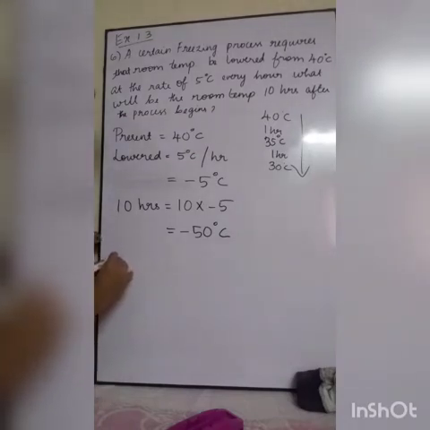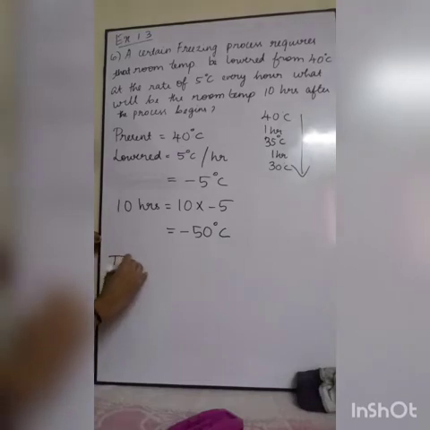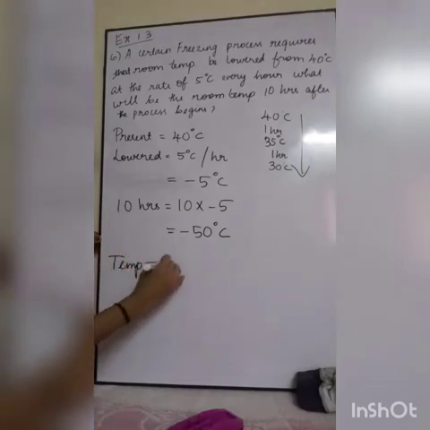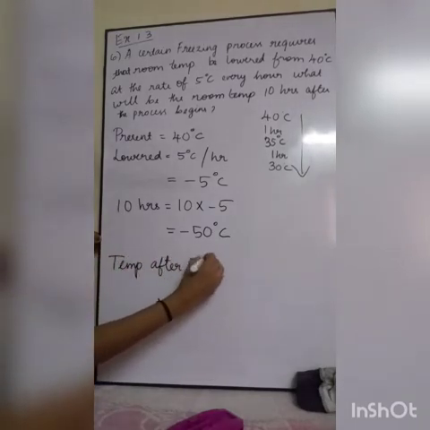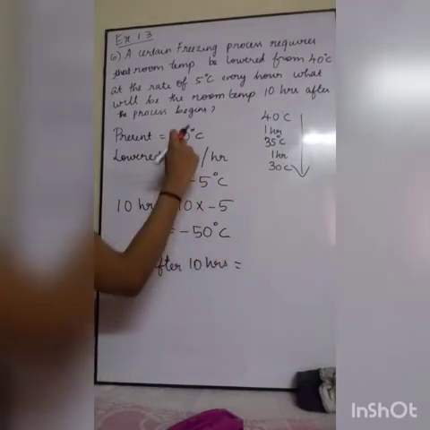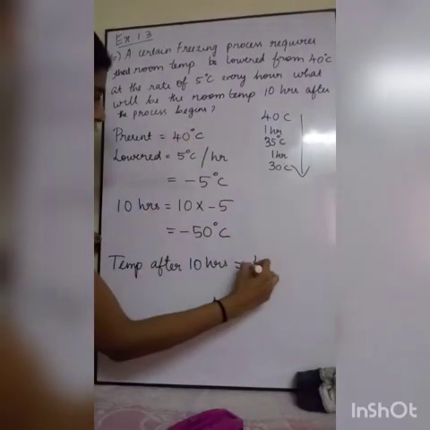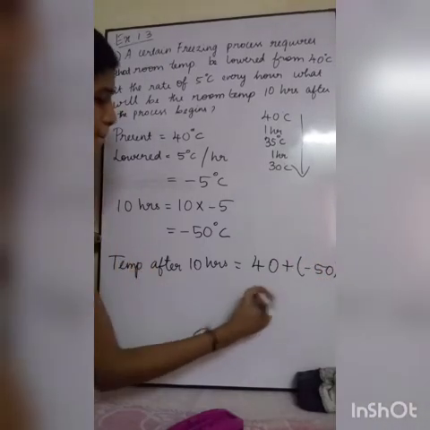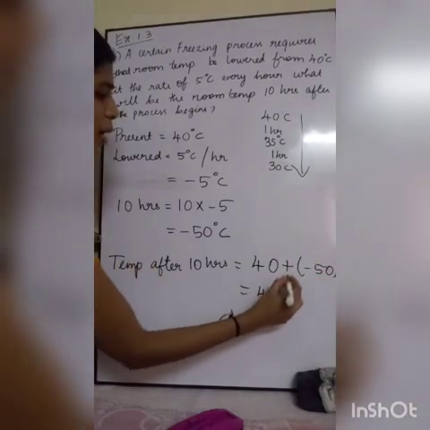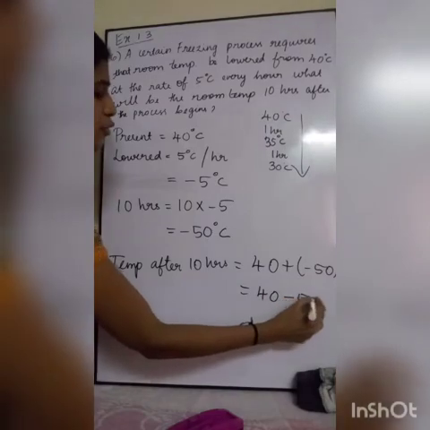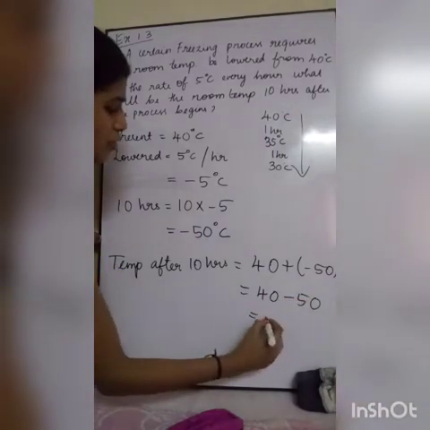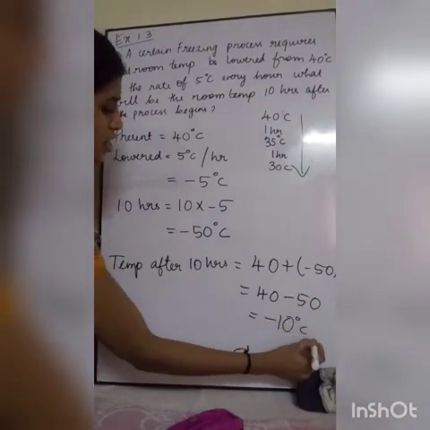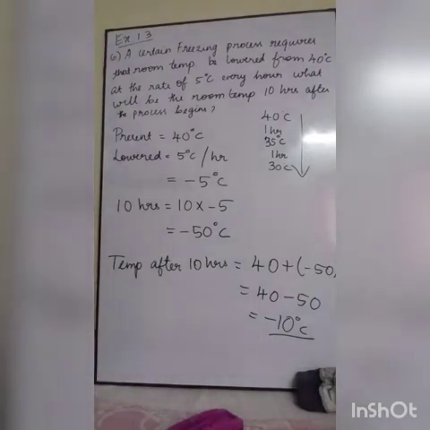Now we want to find the temperature after 10 hours. So 40 plus minus 50, that is 40 minus 50, which is minus 10 degrees Celsius. So after 10 hours the room temperature will be minus 10 degrees Celsius.